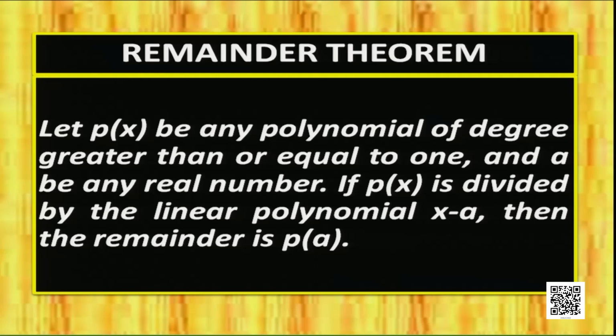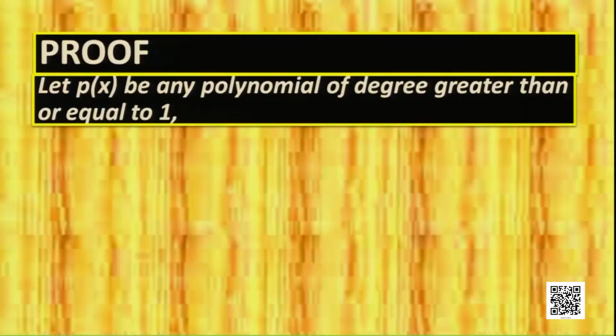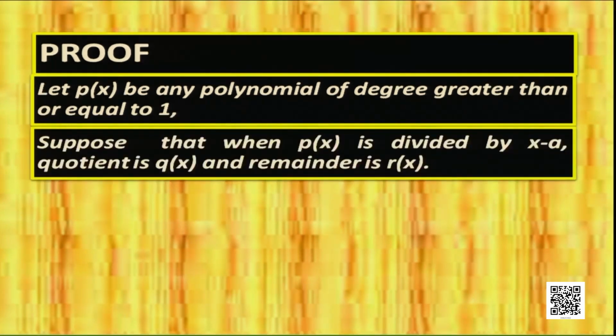Now let's know how to prove this theorem. Let Px be any polynomial of degree greater than or equal to 1, as it is the first statement of our theorem. And a is a real number, and x minus a is a linear polynomial.